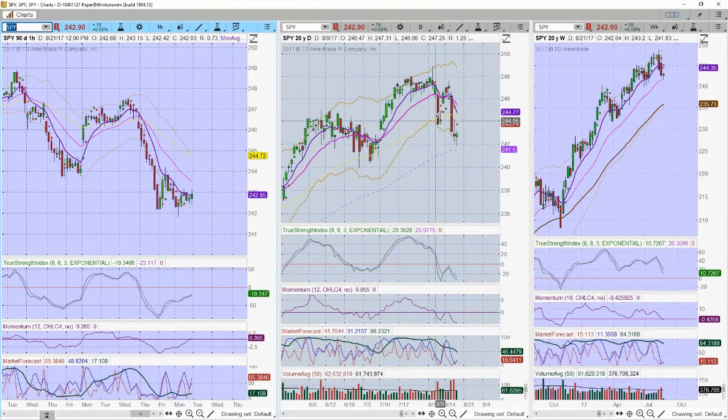We get a pullback into the 50, a rebound, but the secondary rebound that we get here is a very classical sell-off reaction, fails to react back up to the past highs, and then another sell-off, puts in a lower high, a lower low, and a lower high. That's a definition of a downtrend. And so we are at least in a short-term downtrend on the S&P, as represented here by the spiders.